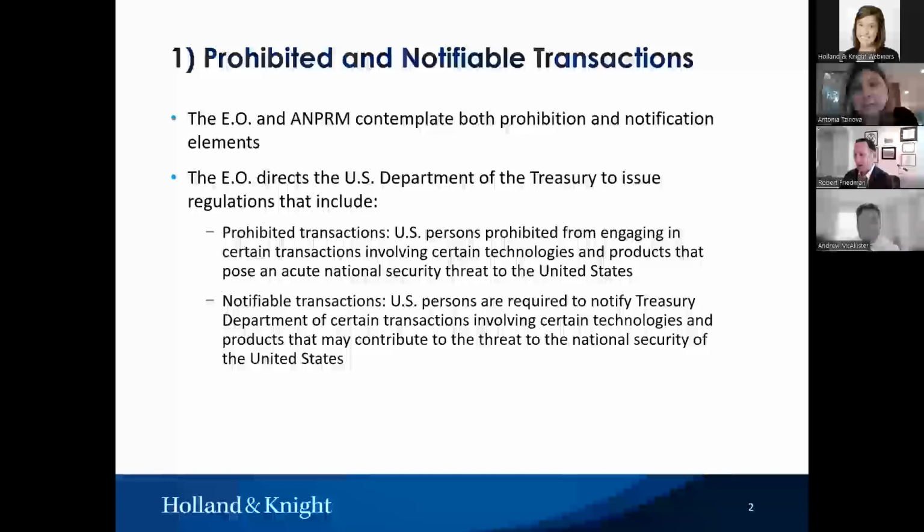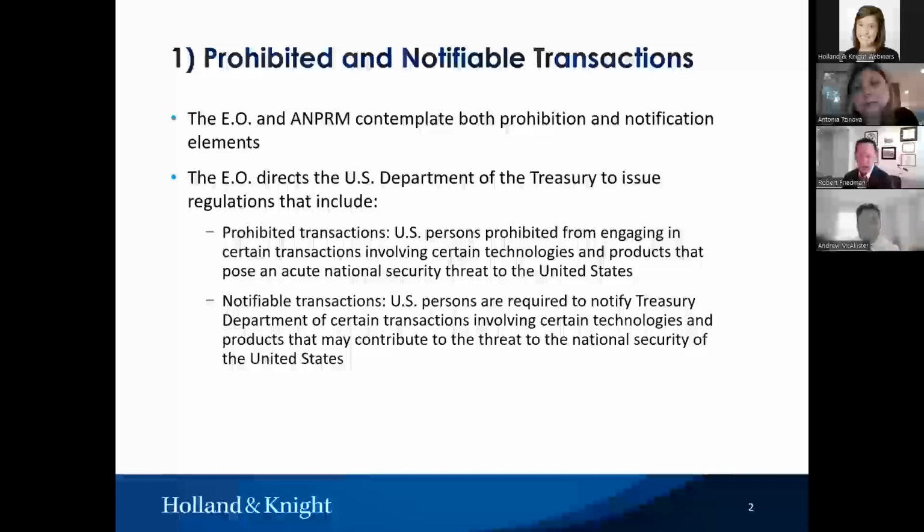Just two more points, and then I'll let my colleagues take over. The first is that although there are these two categories of prohibition and notification transactions, the proposed rules mention that there could potentially be either a carve-out or a licensing regime for transactions that are in the national interest of the United States.